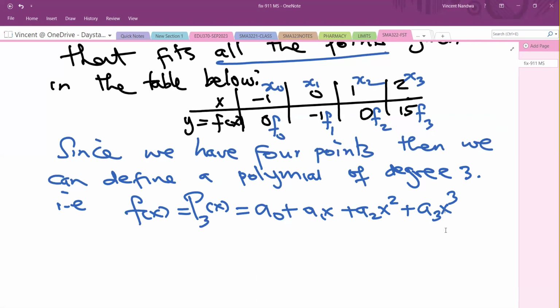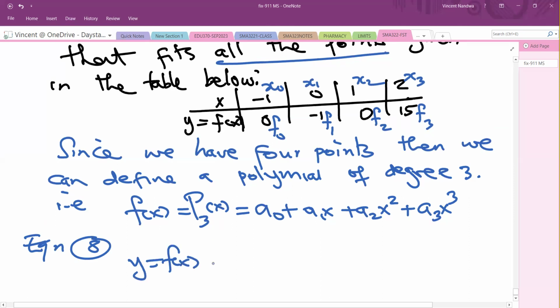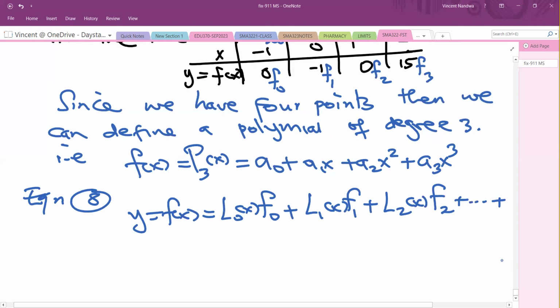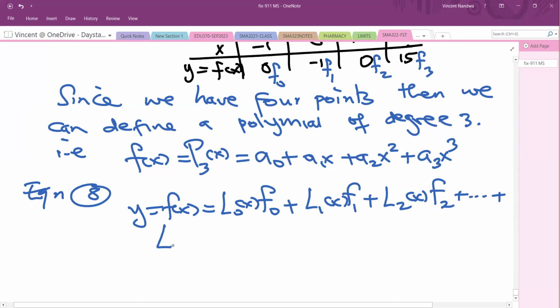Remember this Lagrange interpolation formula, equation 8, can be written as y equals f of x equals L0 of x times f0, plus L1 of x times f1, plus L2 of x times f2, plus all the way up to Ln of x times fn.